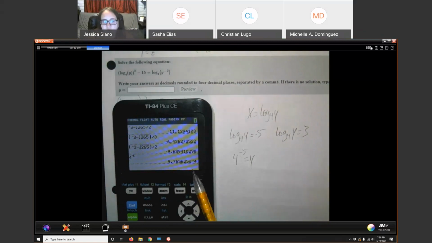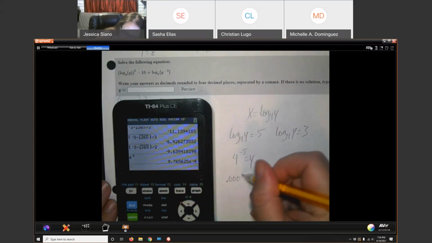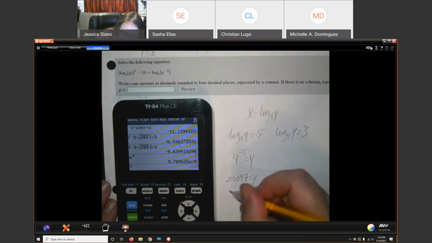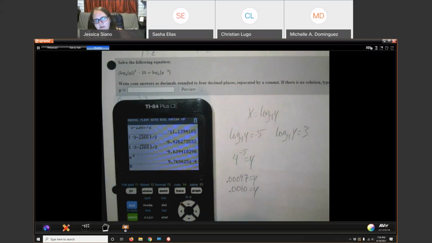This e to the -4 means to move this decimal point over 4 times. So it would be 0.00097, which the 7 would round the 9 up. So it would be 0.0010. And then on this side, it would be 4 to the 3rd equals y, so that's 64.